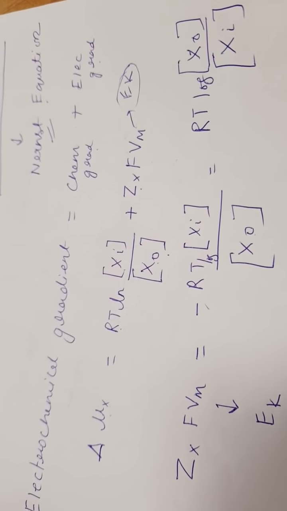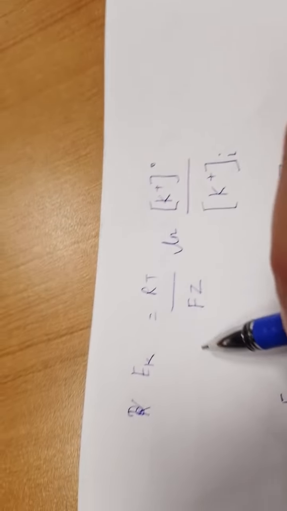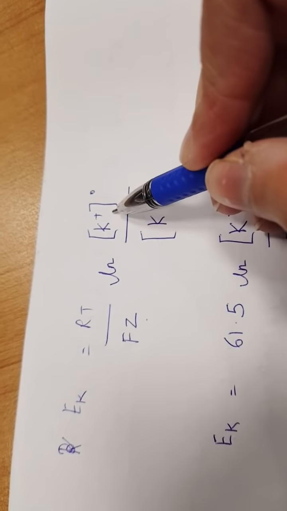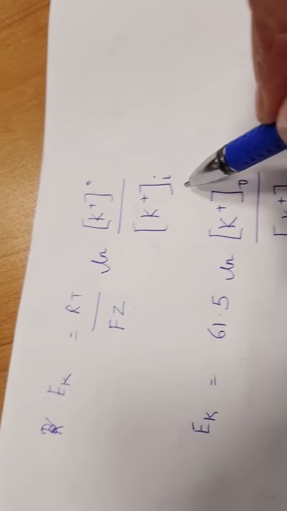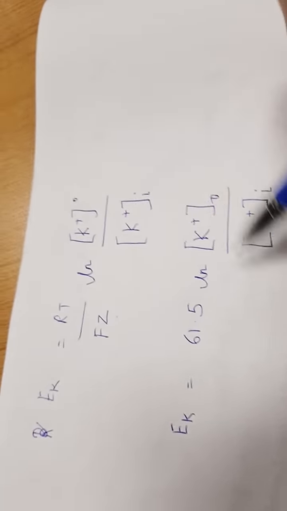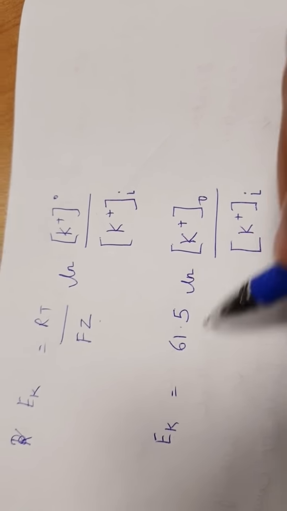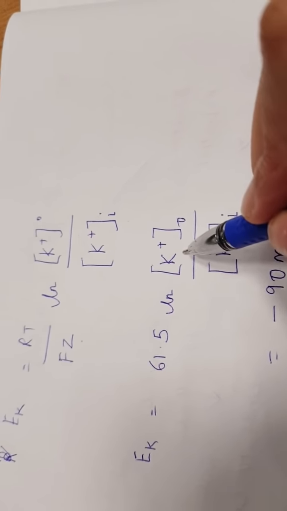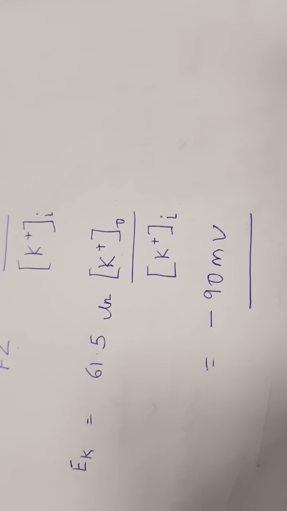Now, since we are considering the potassium ion, let us replace everything. We get Vm, that is Ek, equal to RT by FZ into log of potassium concentration outside by potassium concentration inside. When you calculate this, the constant comes out to be 61.5, so the equation is 61.5 into log of potassium concentration outside by potassium concentration inside. It comes out to be minus 90 millivolt.